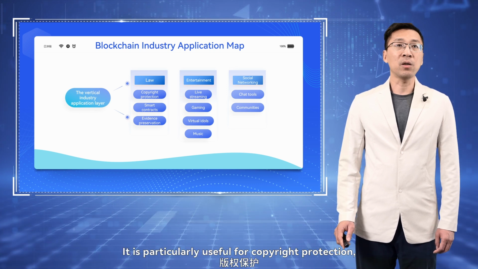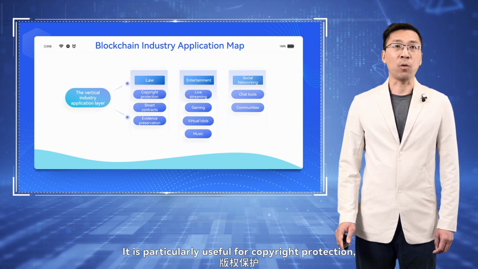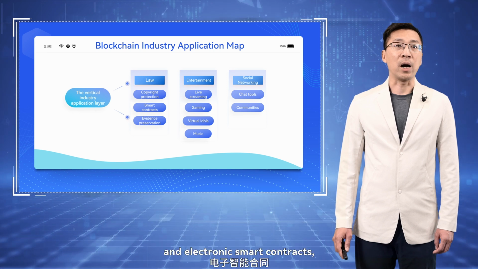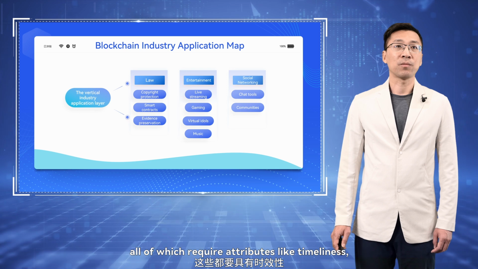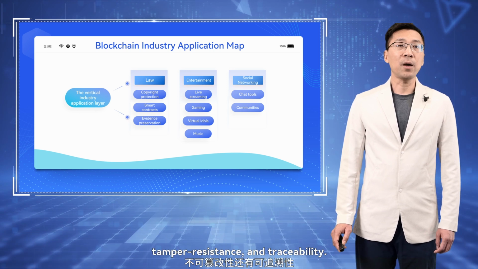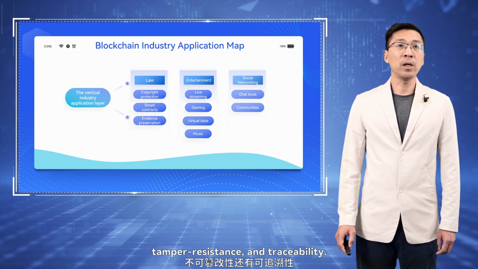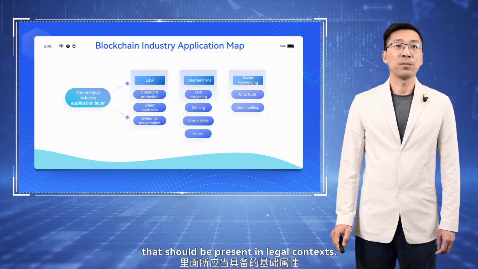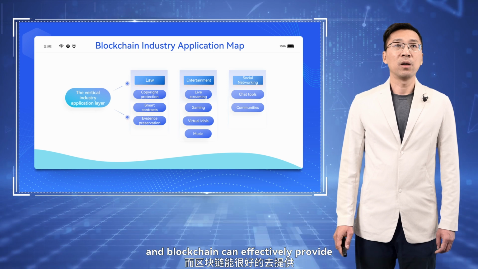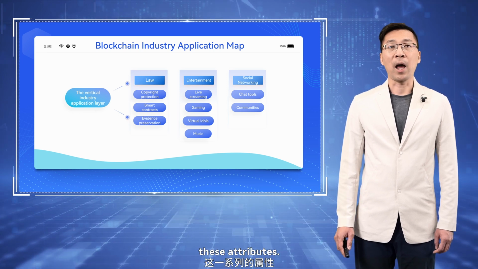It is particularly useful for copyright protection, evidence preservation, and electronic smart contracts, all of which require attributes like timeliness, tamper resistance, and traceability. These are fundamental attributes that should be present in legal contexts, and blockchain can effectively provide these attributes.